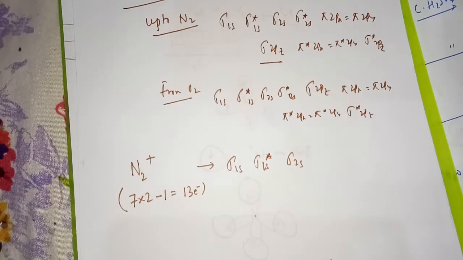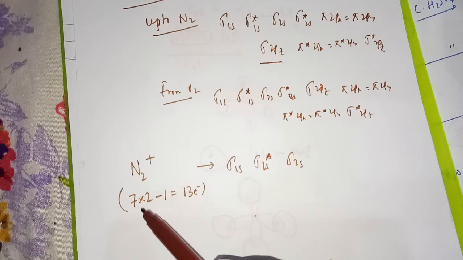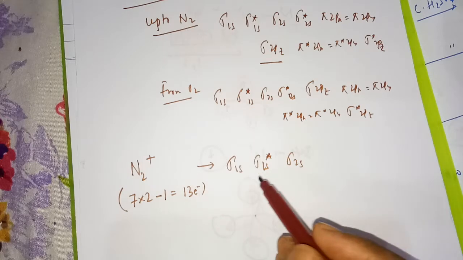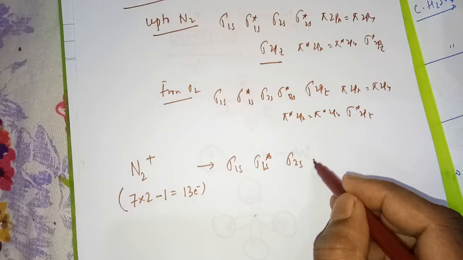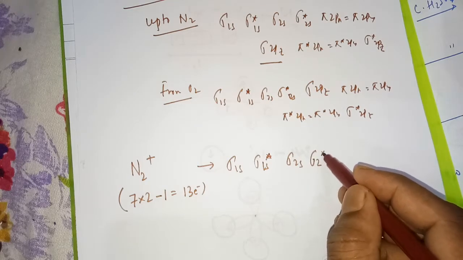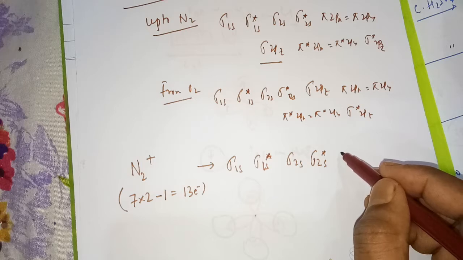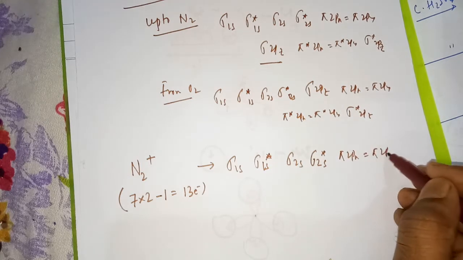Now, if I take the electronic configuration of N2 positive, there are 7 plus 7, 14 electrons minus 1 electron, so there are 13 electrons. So sigma 1s, sigma star 1s, sigma 2s, sigma star 2s, then we have pi 2px, pi 2py.